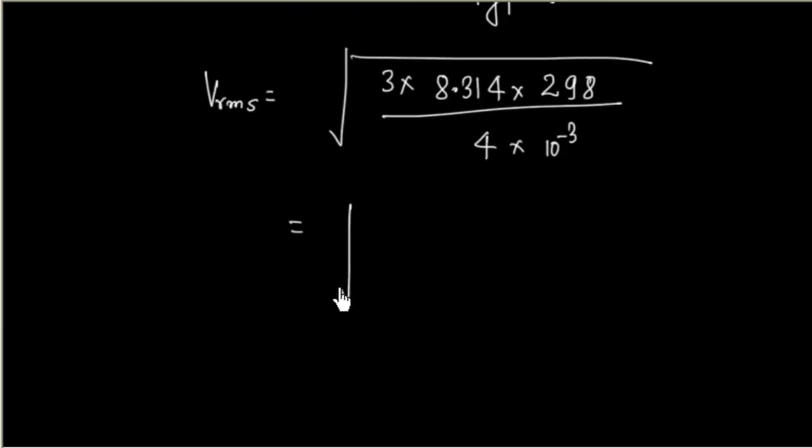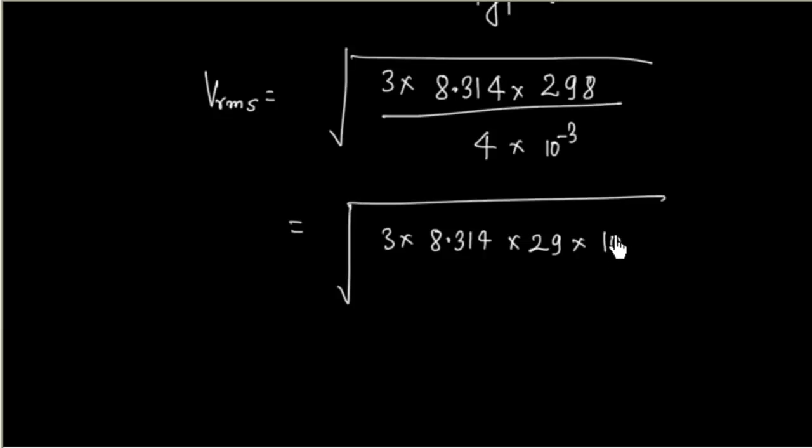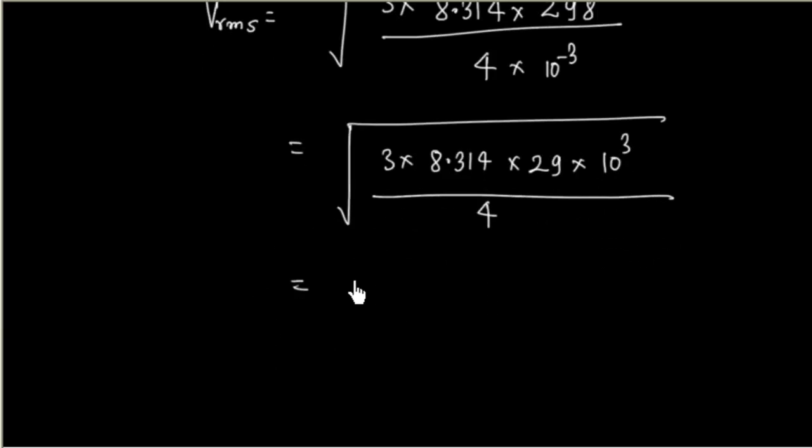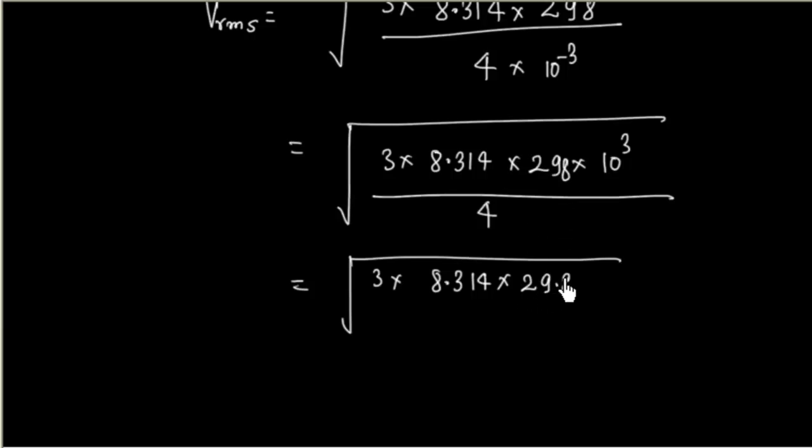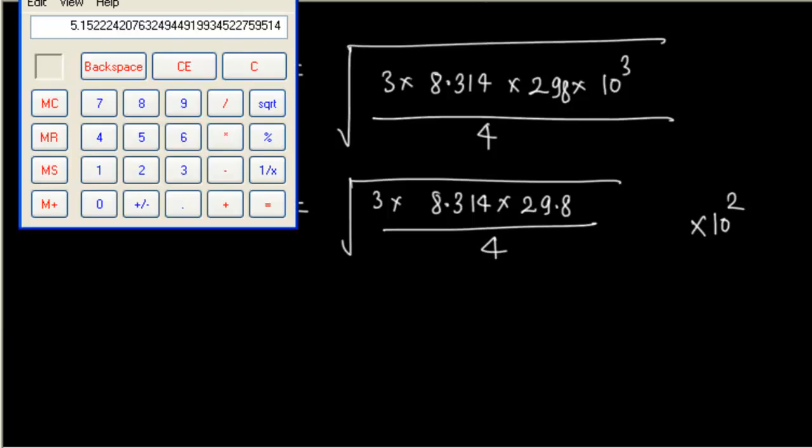We can arrange the same thing: 3 into 8.314 into 298 into 10 to the power 3 divided by 4, or I can write 29.8 and take 10 to the power 2 outside, divided by 4. So let us use the calculator.